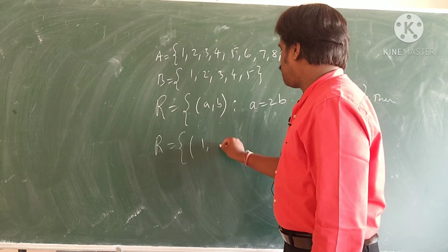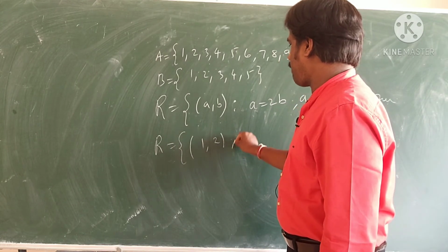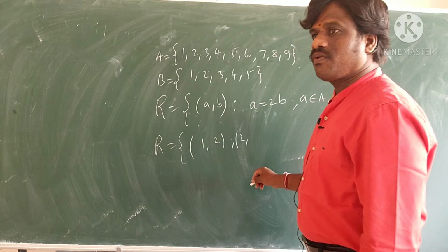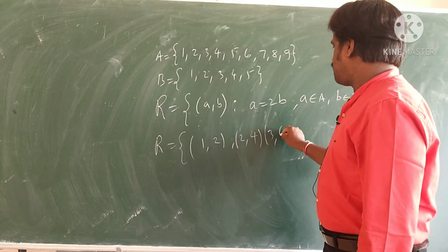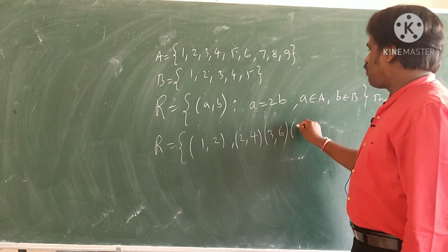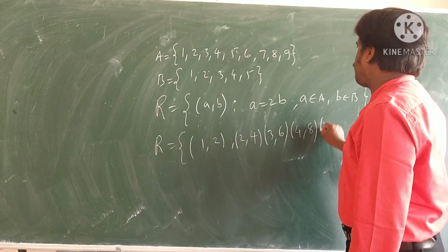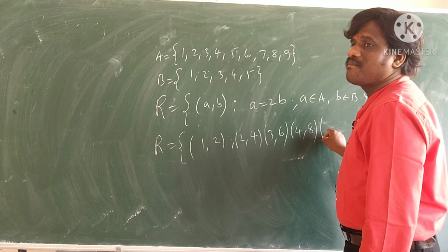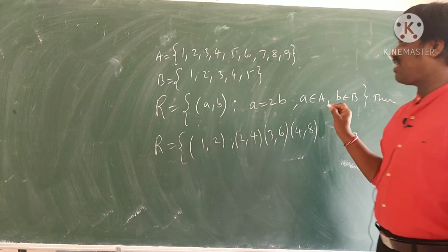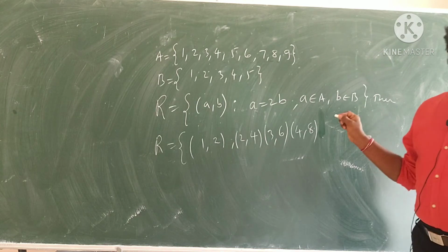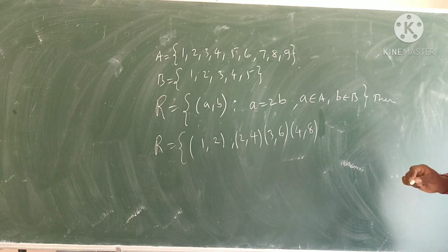R is equal to 2, 4, 2, 4, 3, 6, 4, 8. Right, 10 is not there.